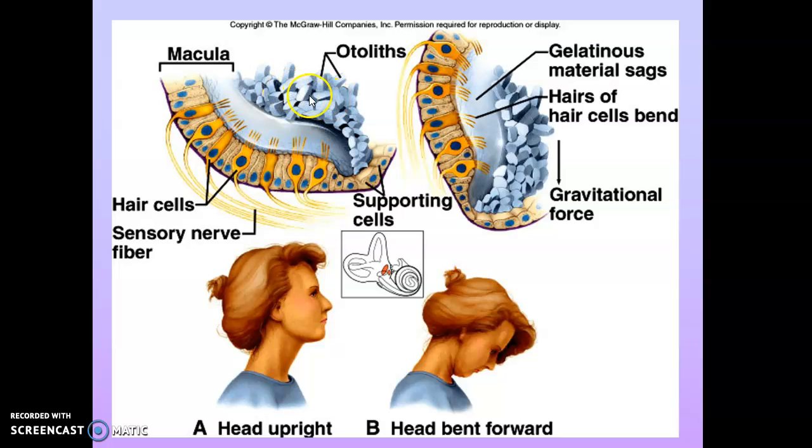They're almost like stones. And when you move your head down, the stones move according to gravity, and that actually changes this gelatinous material. When you put your head back up, it goes the other way. So if someone says you have rocks in your head, you can say, no, they're only stones, they're otoliths.